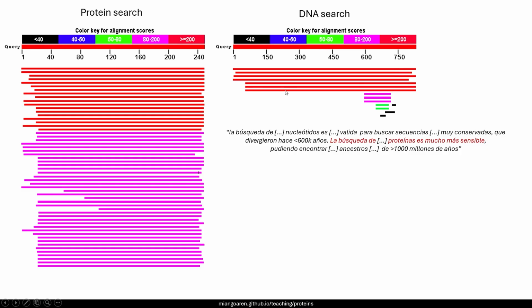And this is actually a fairly well-known fact, which is that precisely the search for nucleotides is valid to be able to search for highly conserved sequences that have diverged in a fairly small number of years, compared to the vastness of the evolution of more than 4,000 million years. Regarding the search for proteins, it is much more sensitive and can find ancestors even more than 1,000 million, up to 3,000 million years old, as long as their sequences have not diverged so much.